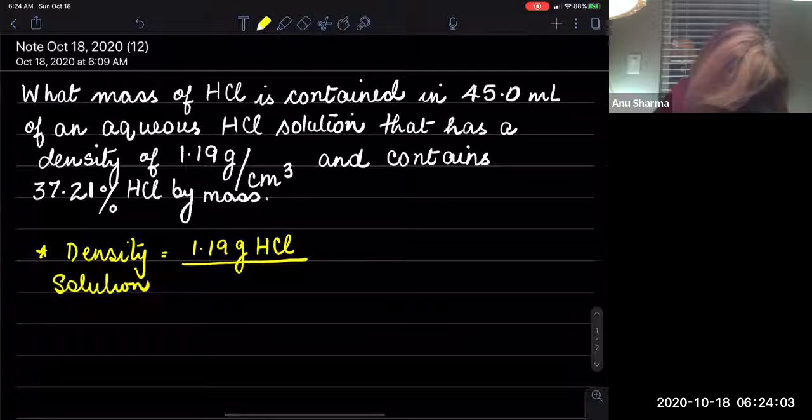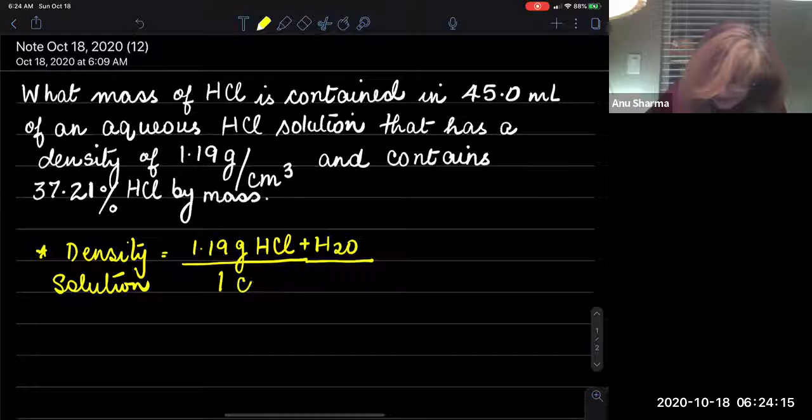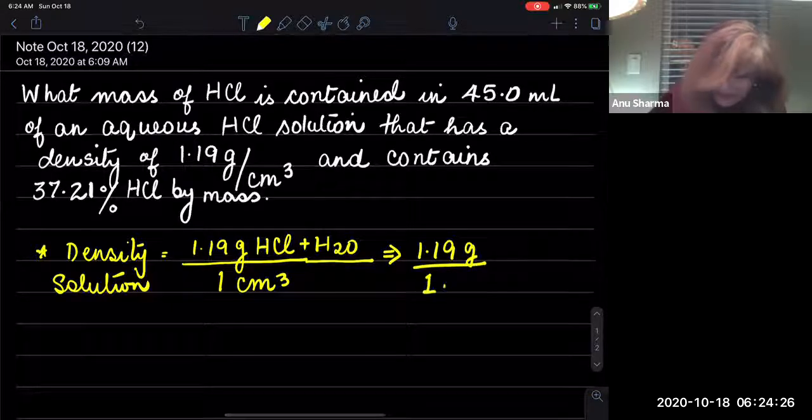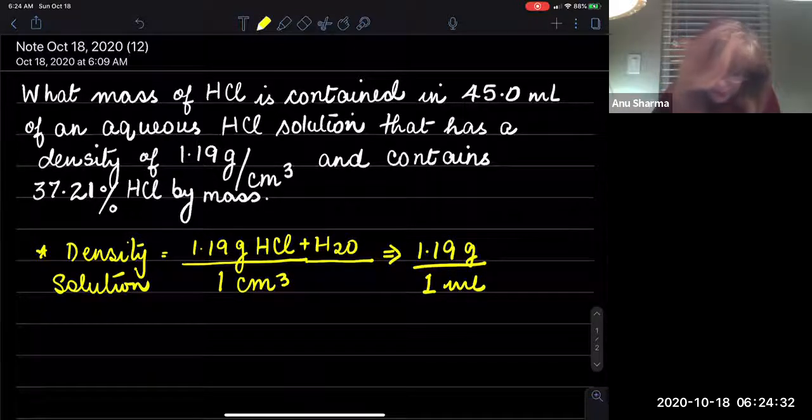So density of the solution is 1.19 grams of HCl plus water, that is the solution, total weight, present in 1 centimeter cube. Or in other words, the centimeter cubes can also be written as 1.19 grams per 1 milliliter. Okay, so this is the density of the solution. This is what we know first.